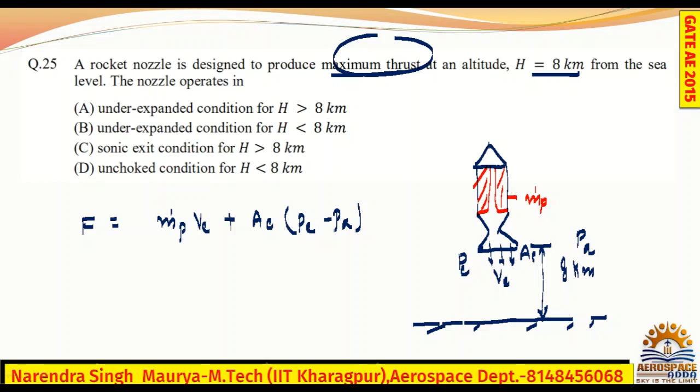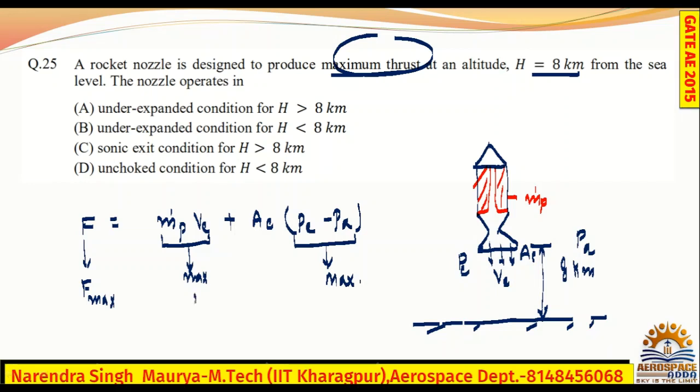Now if I want to find the maximum thrust, this F will be F max when this component is max and this component is max.